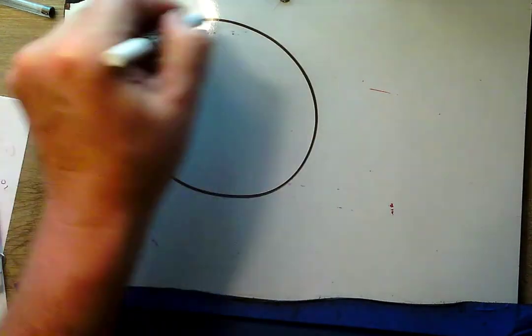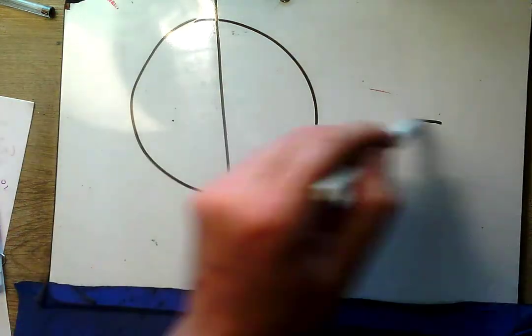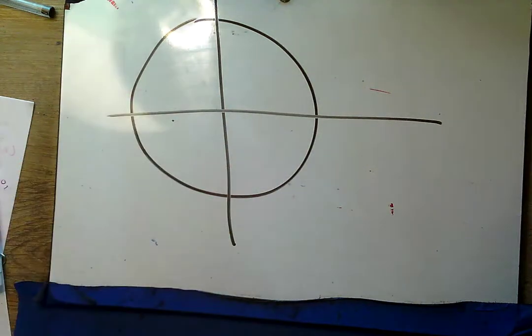Okay, how about one last one, and we'll call it a day. We'll have a circle again, and we've got a parabola.